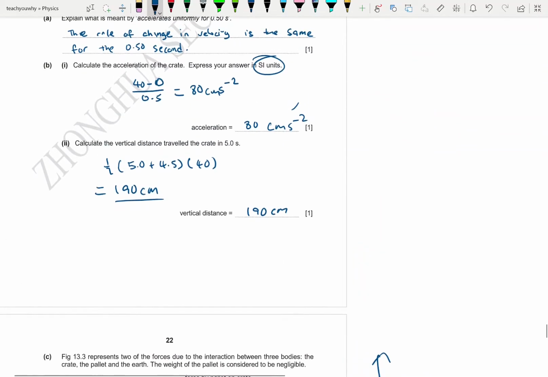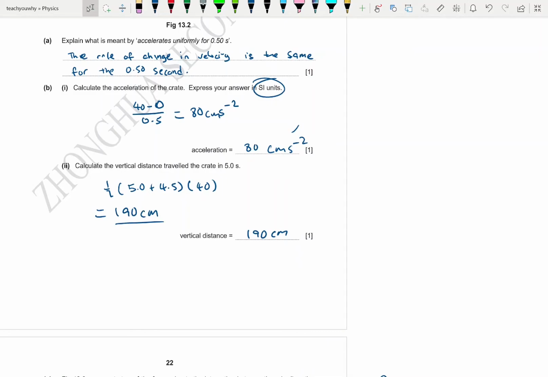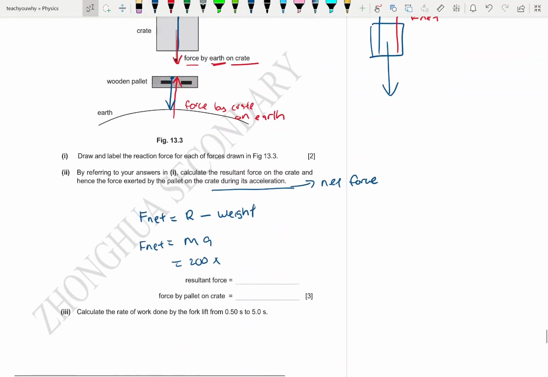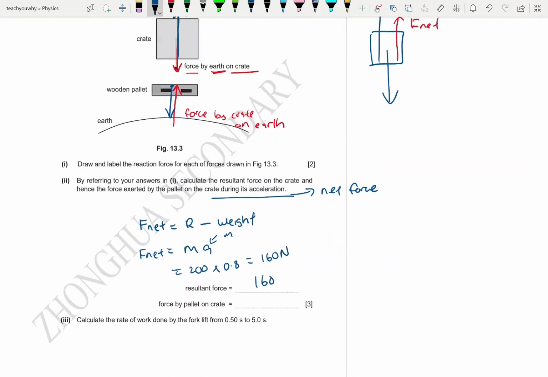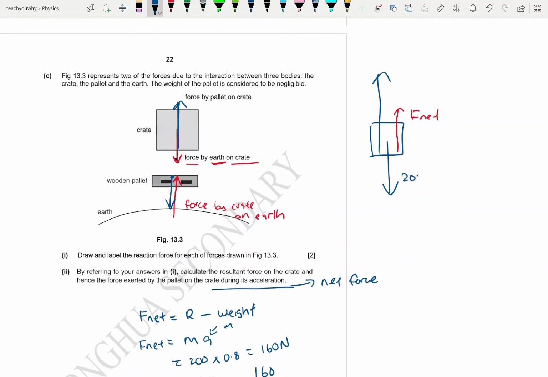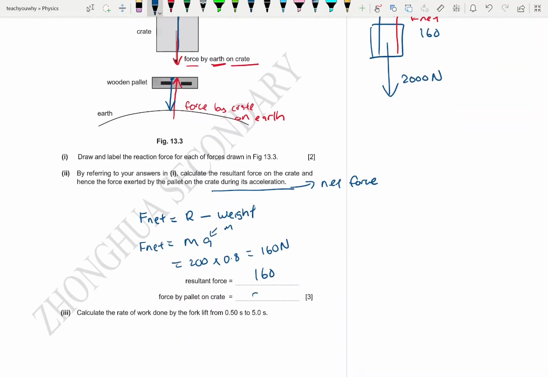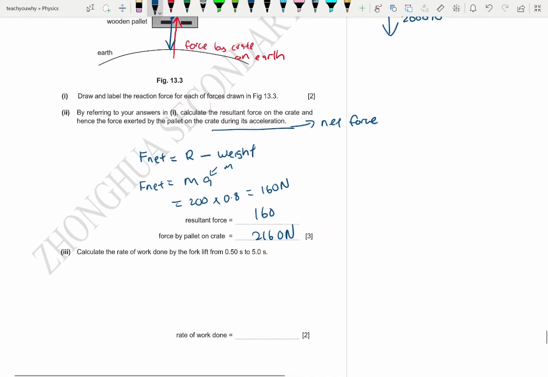My acceleration is 80 cm per second, so it's 0.8 because this must be in meters. So this is 160 Newton, and my weight is 2000 Newton. My F net is 160. This has to be the sum of this. So 2160 Newton.